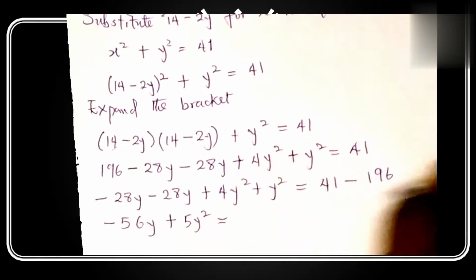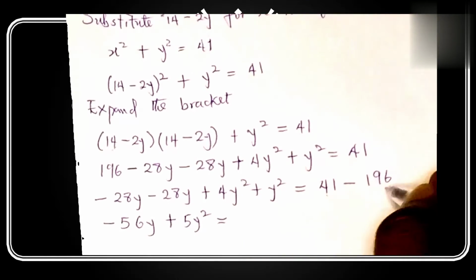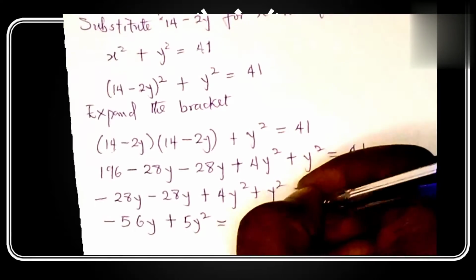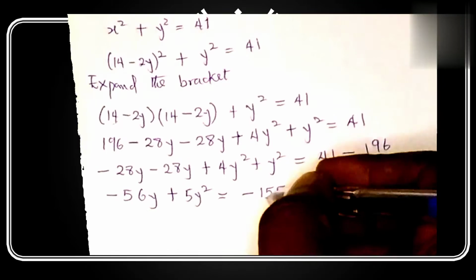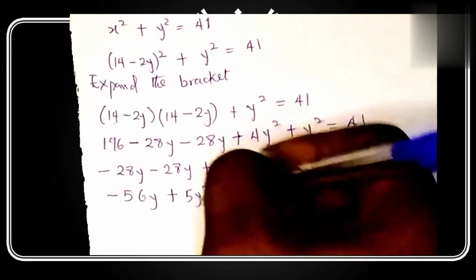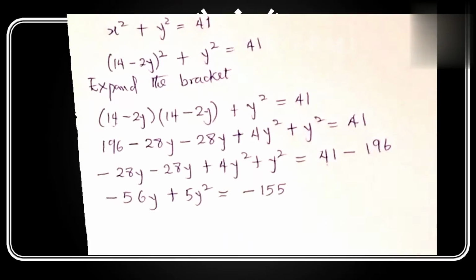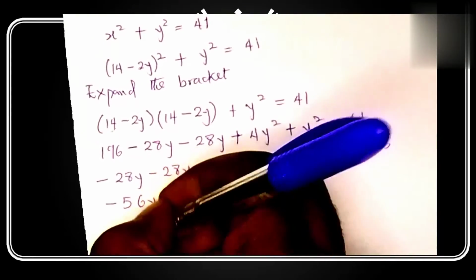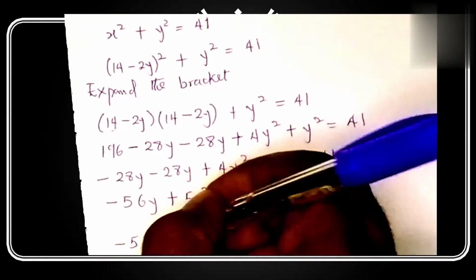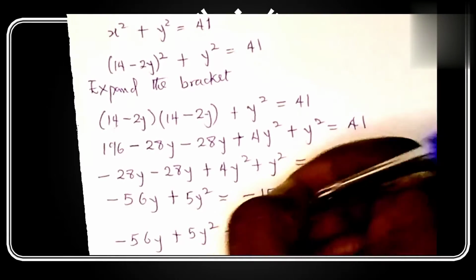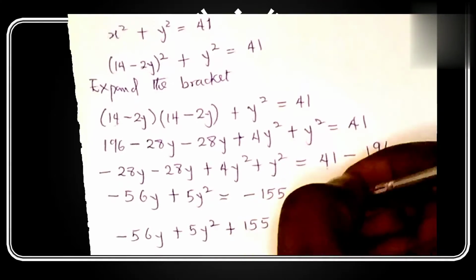Now we have 41 minus 196, which will give us minus 155. We'll take this 155 to the other side so that the whole equation will become equal to 0. Now we have minus 56y plus 5y squared plus 155 equals 0.